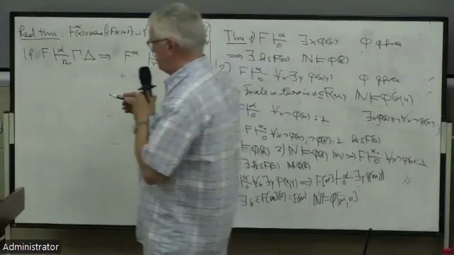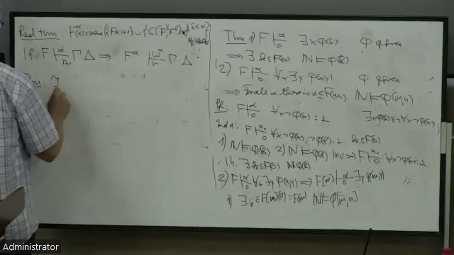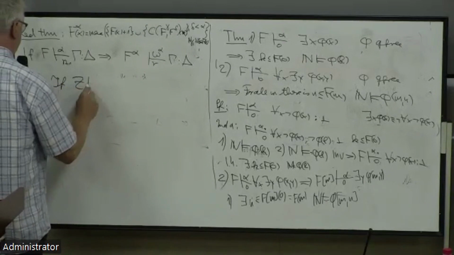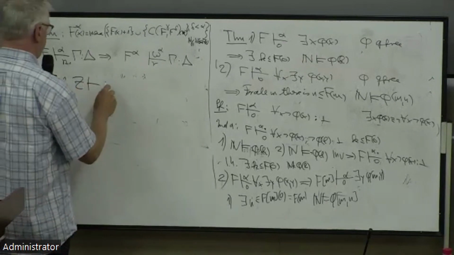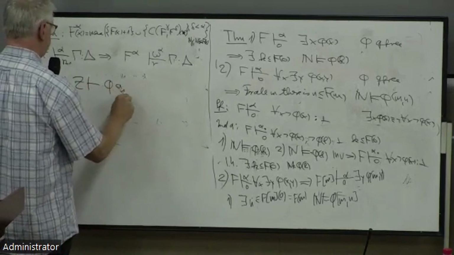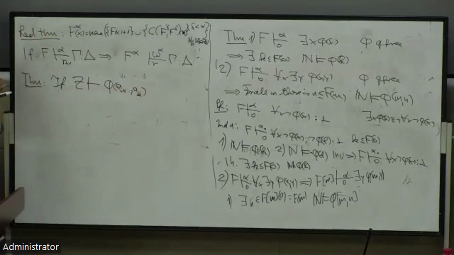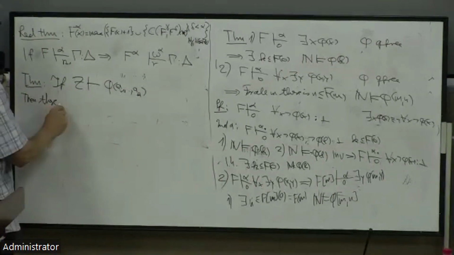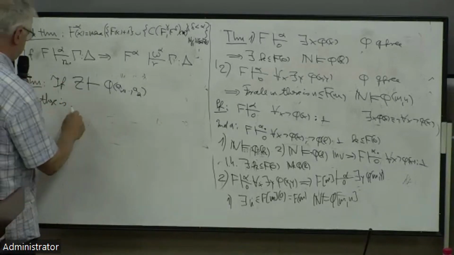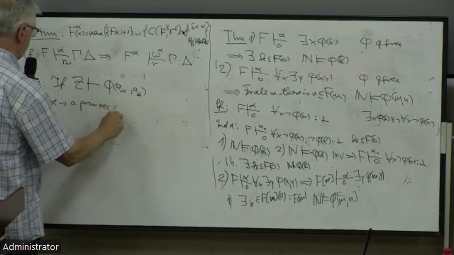Well, the next theorem is the following. Namely, if we have a derivation of a formula phi in the formal system with free variables a1 to ak, then there is an operator, and for simplicity I need to assume that there's a primitive recursive operator f.